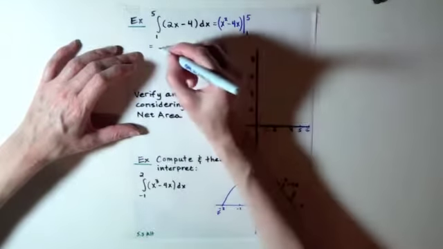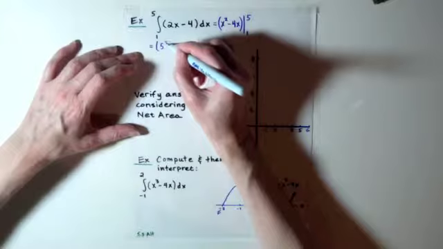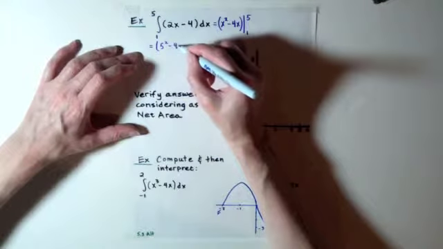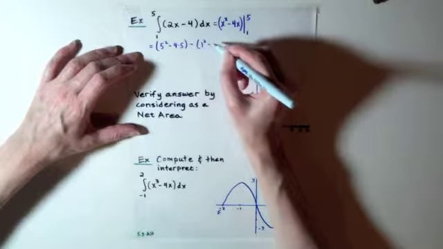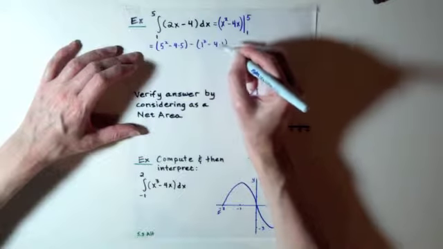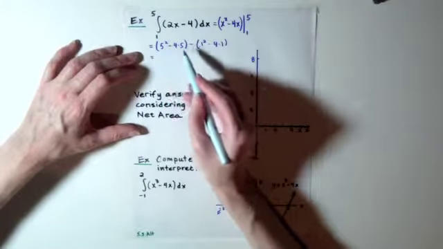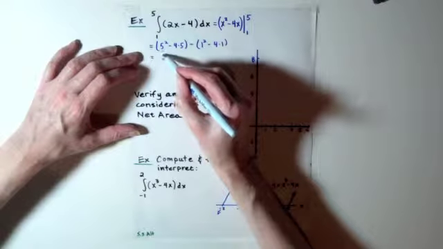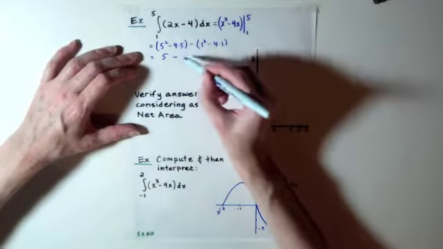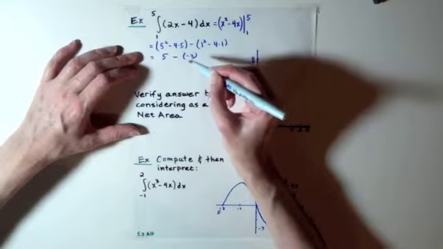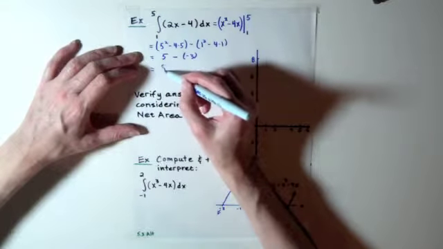My upper limit is 5, so I'm going to do 5 squared minus 4 times 5. And then I plug in my lower limit, 1 squared minus 4 times 1. That looks fine. So 25 minus 20, that would be 5, minus 1 minus 4 would be negative 3. So it looks like I get an answer of 8.